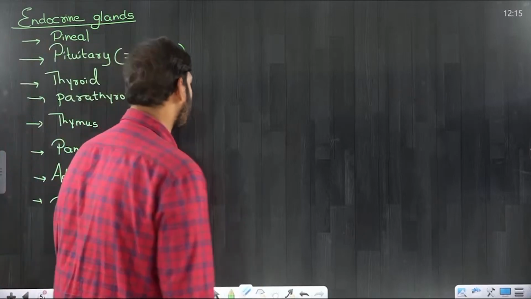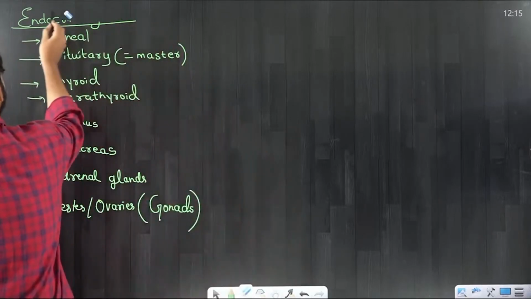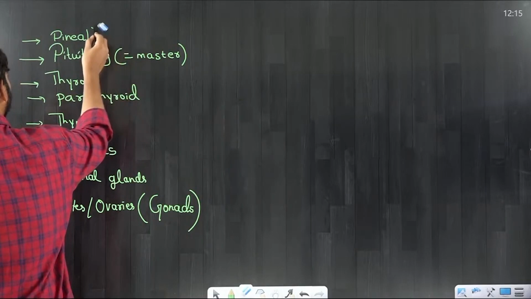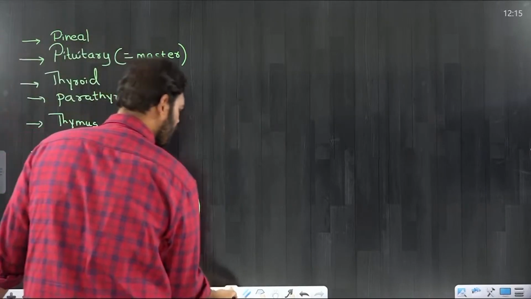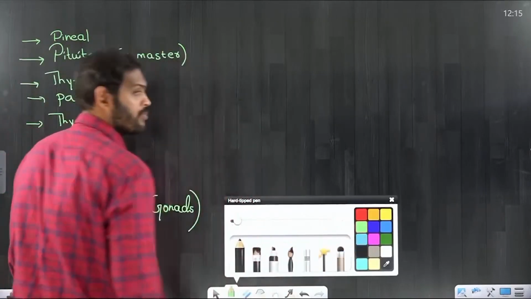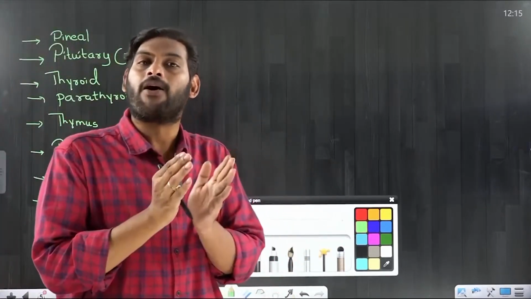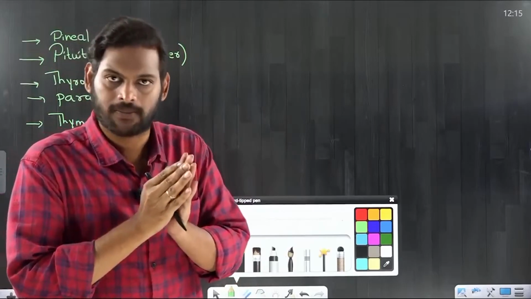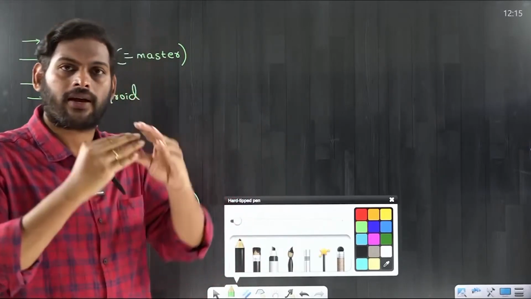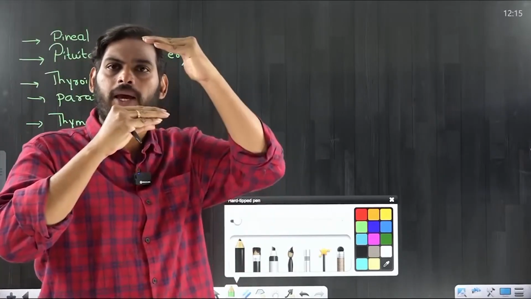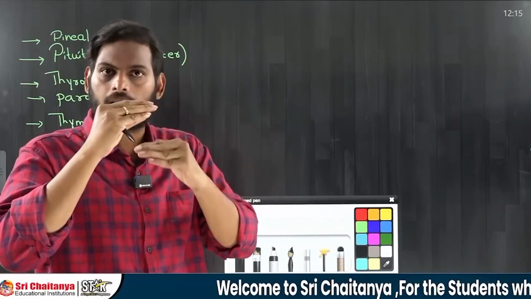And last but not least, every gland was actually under the control of the brain, but the entire brain does not control it. A part of the diencephalon controls it. As I told yesterday, diencephalon has three parts: epithalamus, thalamus, hypothalamus.